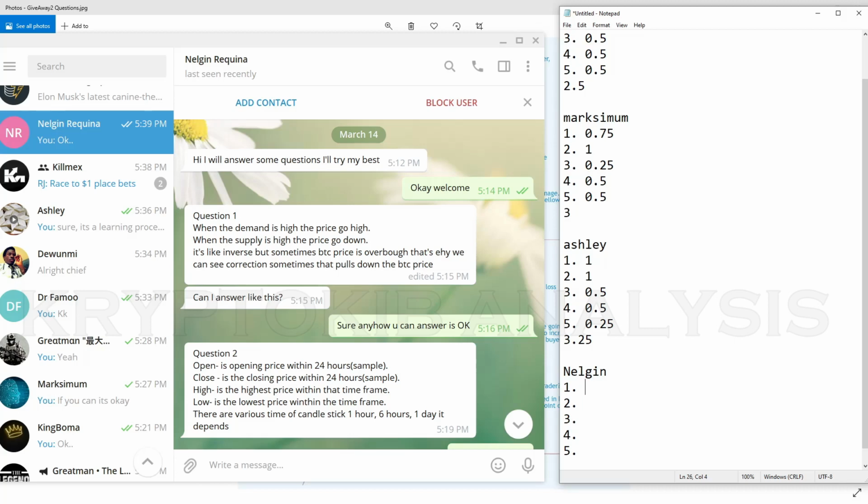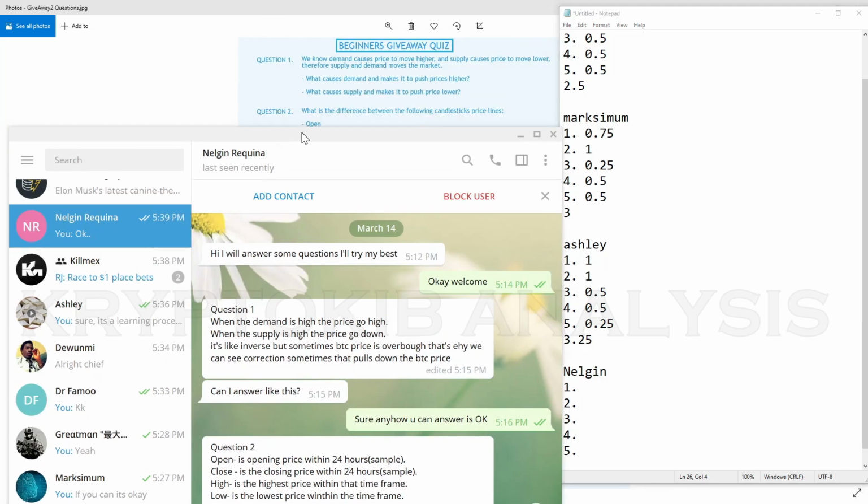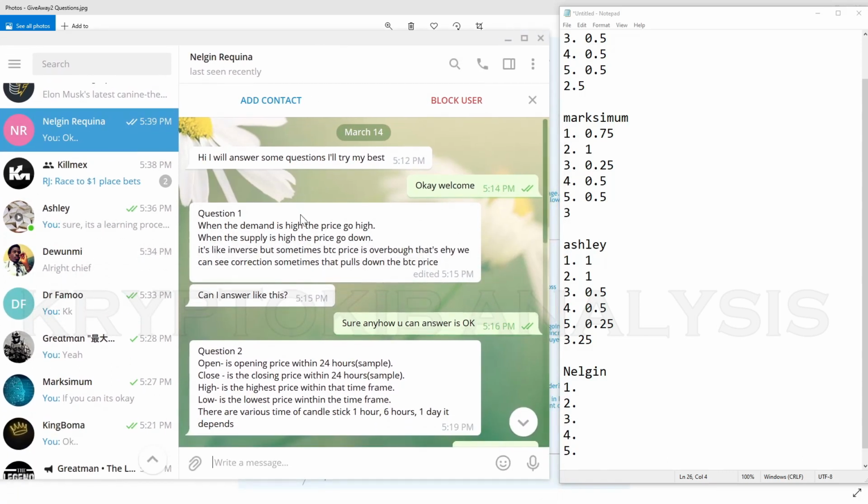So this doesn't fully answer the question. No, I even stated that demand drives the market in the question. We know demand causes price to move higher. I already said this myself. But the backbone is what I need, which is the willingness of people to buy at higher prices. So this, that's 0, right?